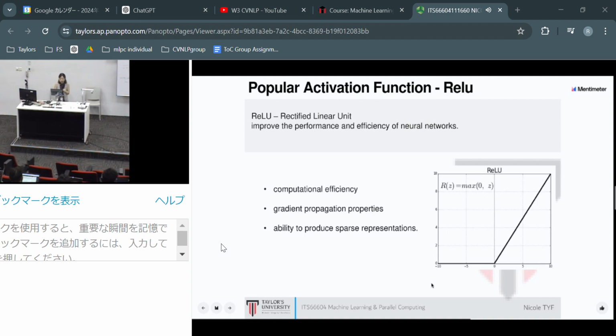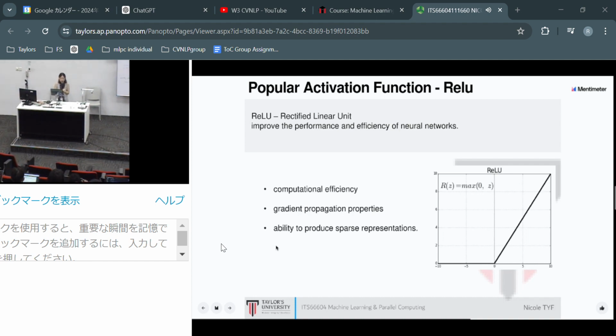This is how it looks, and it is famous because of its gradient propagation properties, where it is able to produce a very sparse representation. This concept will come through when we look at bigger tasks like computer vision or natural language processing.